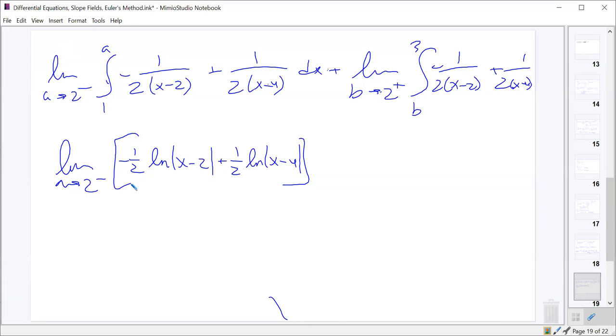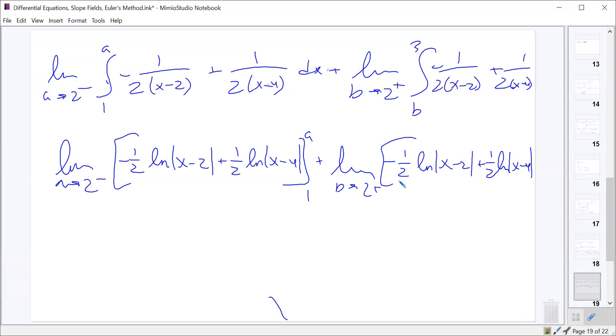Do that from 1 to a. And then we've got the limit as b approaches 2 from the right. This is the same integral, negative 1/2 natural log absolute value x minus 2 plus 1/2 natural log absolute value x minus 4, and that's all going to be from b to 3. So far, everybody good? Everybody at home good?